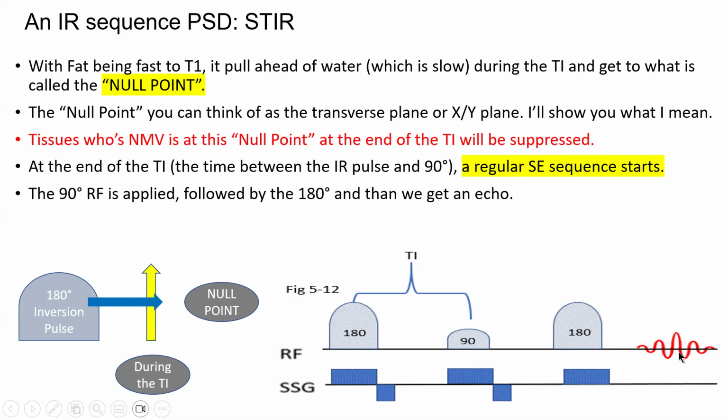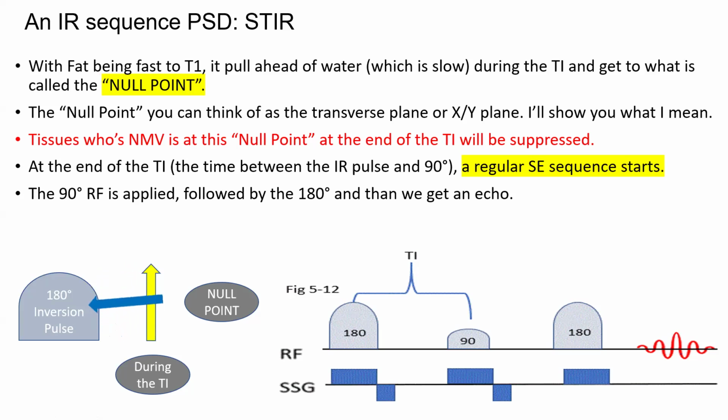Remember, this is STIR. Who's giving you signal? Fluid. Yes, fluid. Because the T1 of fat and the TI match, we nulled the signal from fat. That's what STIR does.